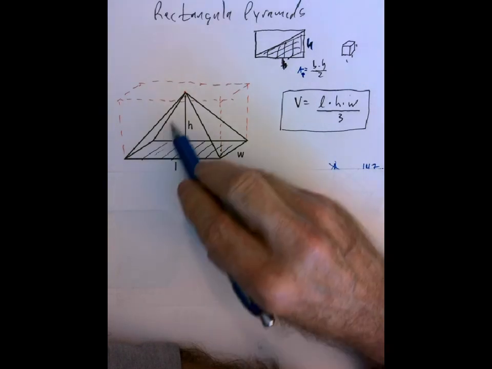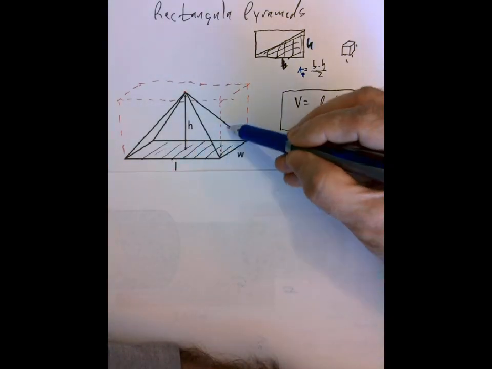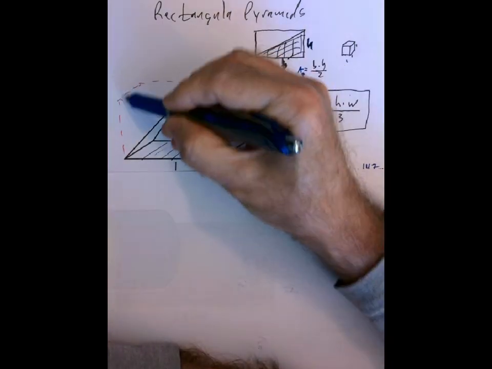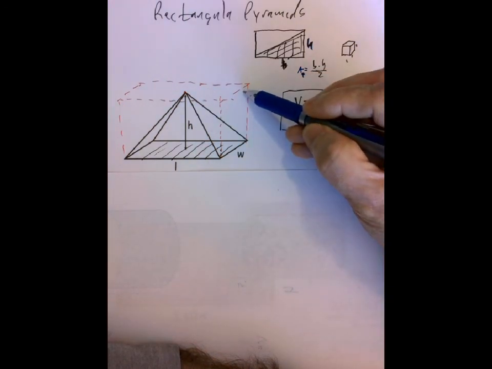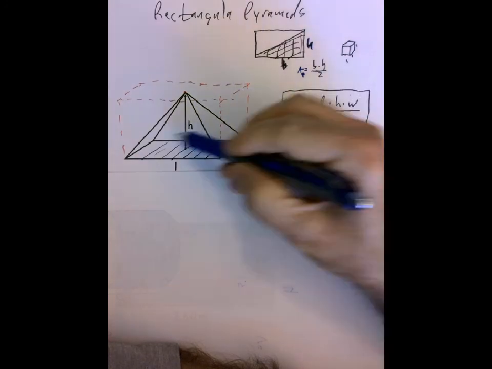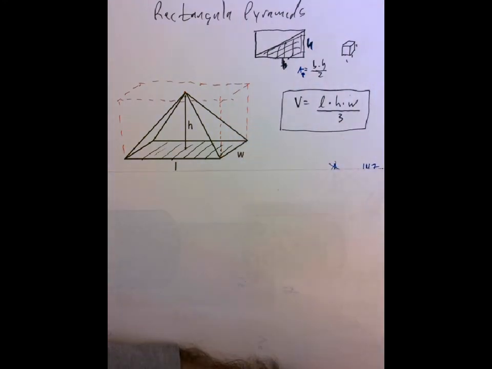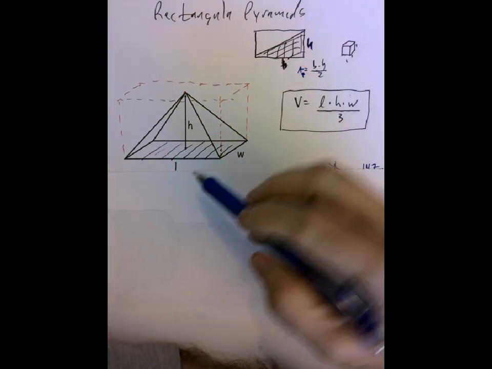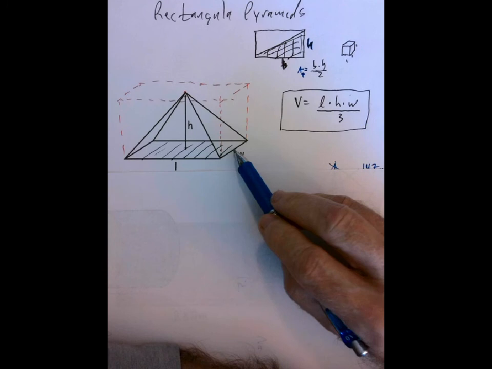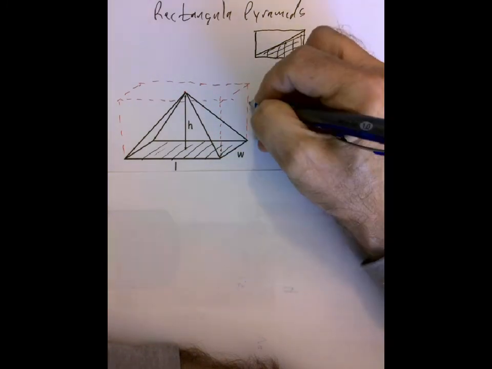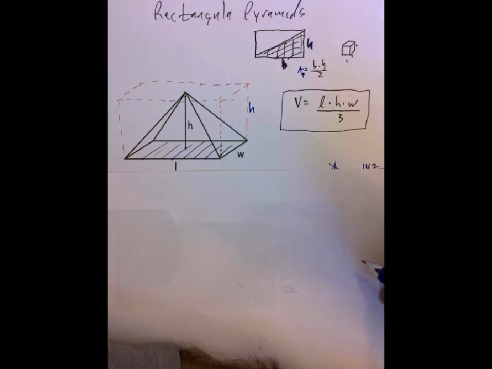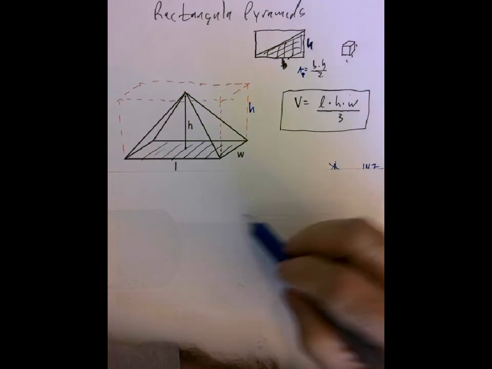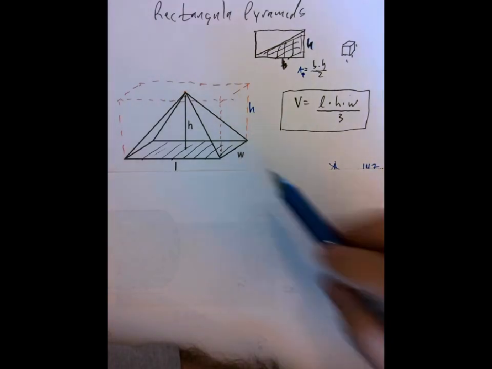If we start with this rectangular pyramid, you can see here, I've drawn it in red, that pyramid can actually be set up inside of a rectangular box, like we found the volume of last time. That box had a length and a width, and also a height. We could find the volume of that box by multiplying length times width times height.